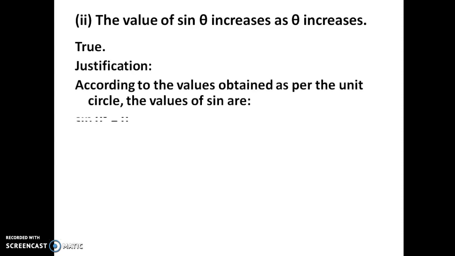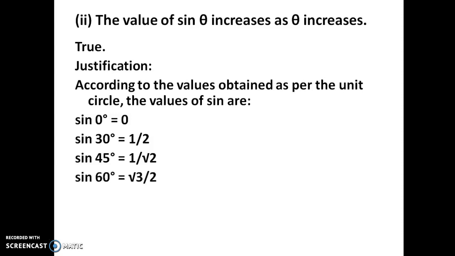The value of sin theta increases as theta increases. Yes, it's true. Why? Because if you see in that tabular column I showed first, sin 0 is 0, sin 30 is 1 by 2, sin 45 is 1 by root 2, sin 60 is root 3 by 2, sin 90 is 1. So the value of sin theta increases from 0 to 1. So this is true.